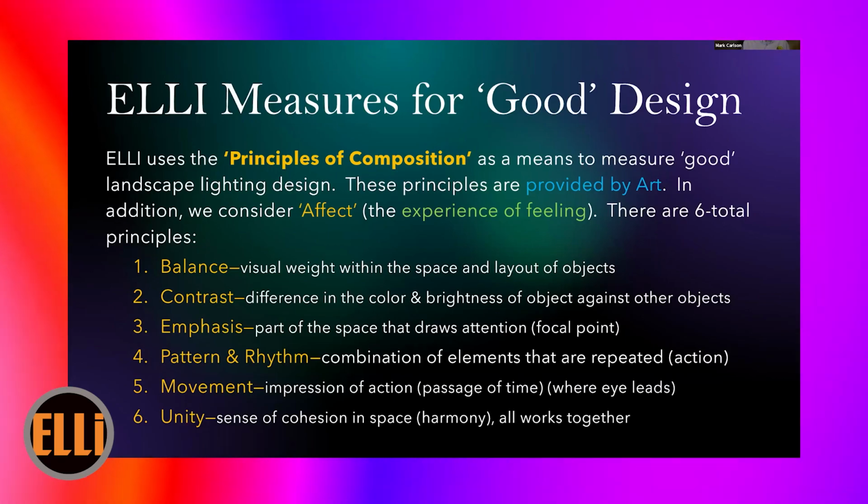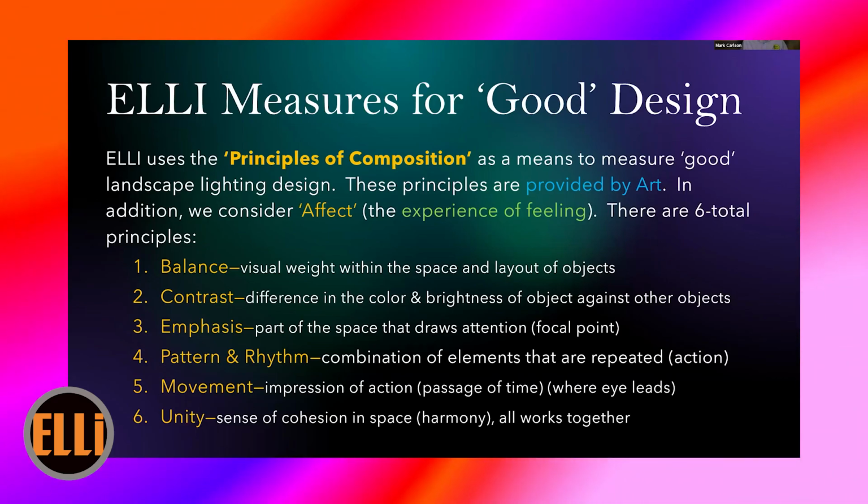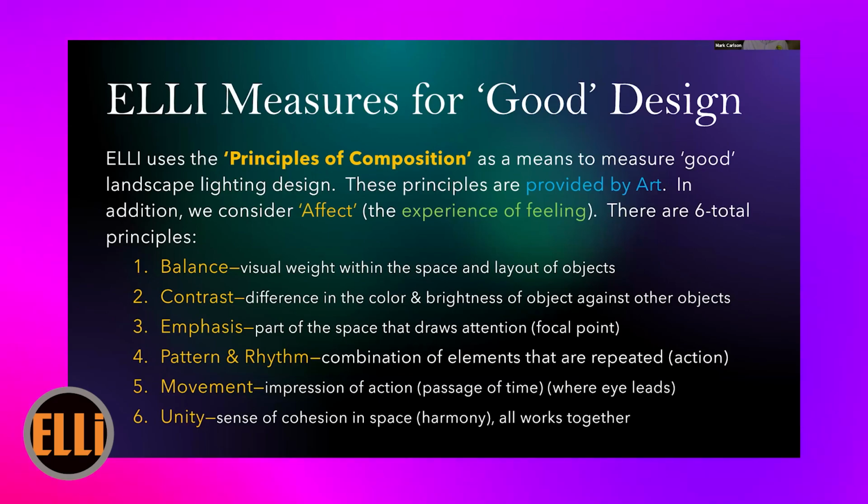It could be one of the things with pattern and rhythm. When you see things repeating, it usually leads to something. It moves the eye to ideally the emphasis. That's the goal. So if you're going to use elements that repeat, you want to have that break in the rhythm, which is ultimately the emphasis, the focal point.